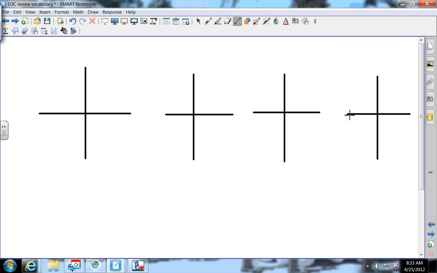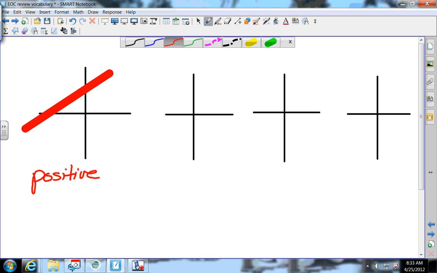Okay, there are 4 different types of slopes right here. First off, I can have an example of a positive slope, which looks like this. This is a positive slope. We could have a negative slope, right?